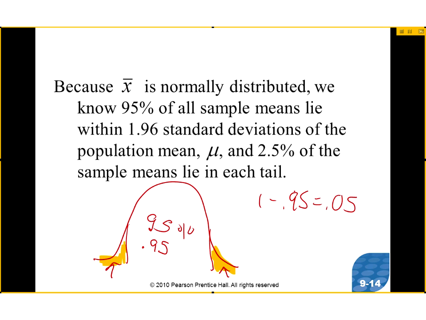So if we divide the 0.05 by 2, we're going to get 0.025 in each tail.